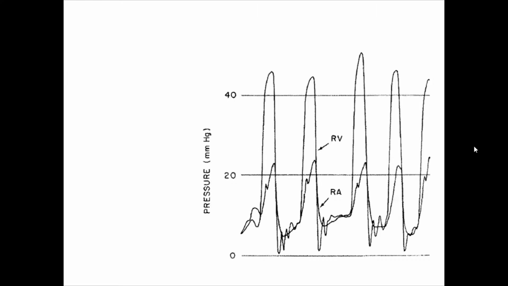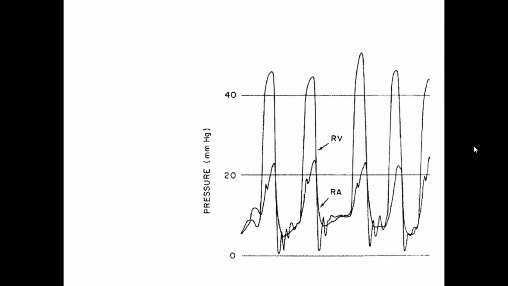Okay. Who can tell me about this tracing? This is a hemodynamic tracing between RV and RA in a scale between 0 to 40.